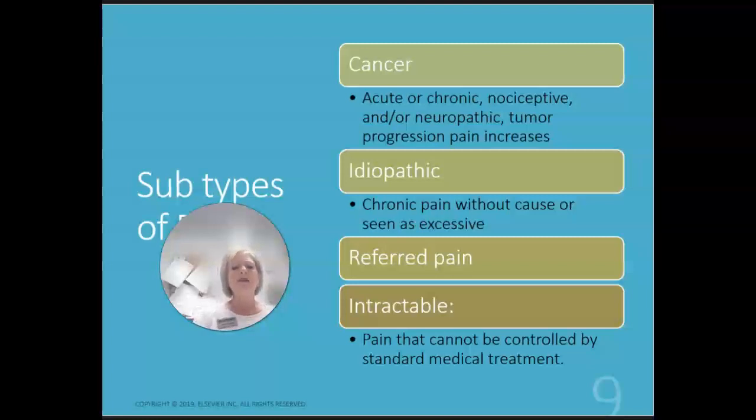So think about referred pain. Referred pain is where you might be having an appendicitis, and your pain should be in the lower right quadrant, but you're having epigastric pain.